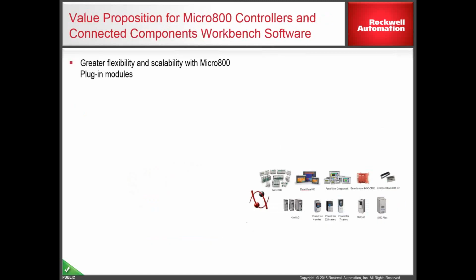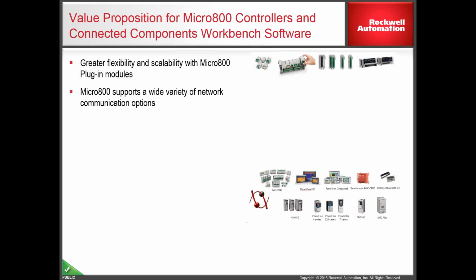So the key value proposition for Micro800 controllers and CCW software: it has got greater flexibility and scalability with Micro800 plugin modules, right? So you can have plugin modules separately in Micro800 controllers depending on the communication needs, depending on the application needs. Then it supports a variety of network communication options.